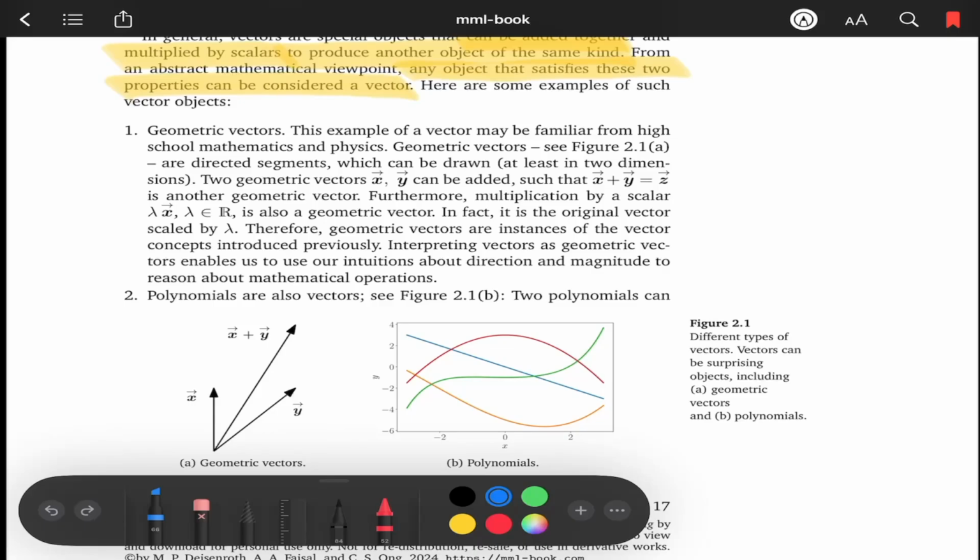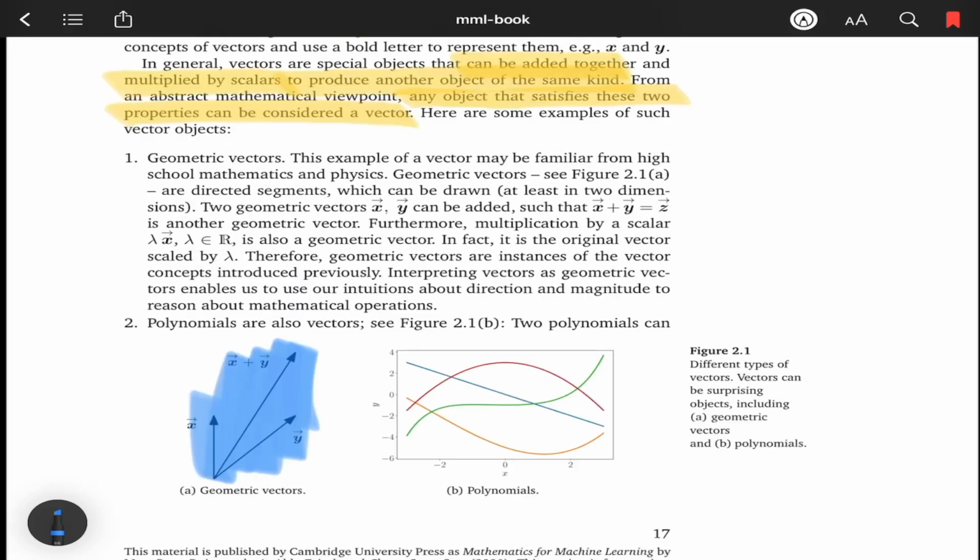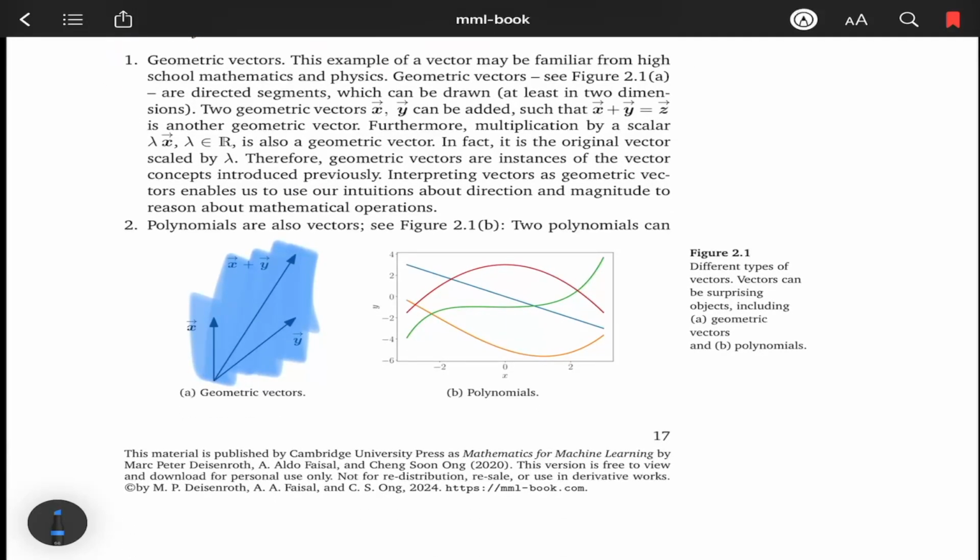Interpreting vectors as geometric vectors enables us to use our intuitions about direction and magnitude to reason about mathematical operations. So they're saying that this whole thing is just an interpretation. They are not real arrows. We just imagine them as arrows, but it helps our intuition.